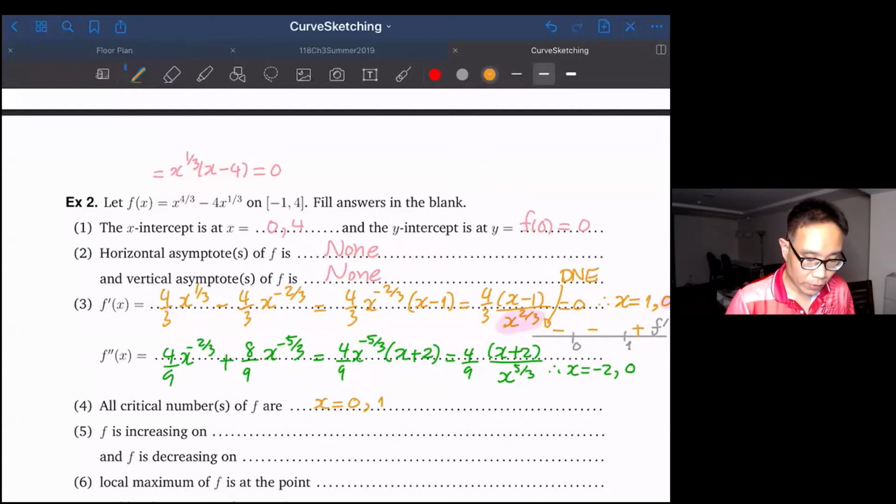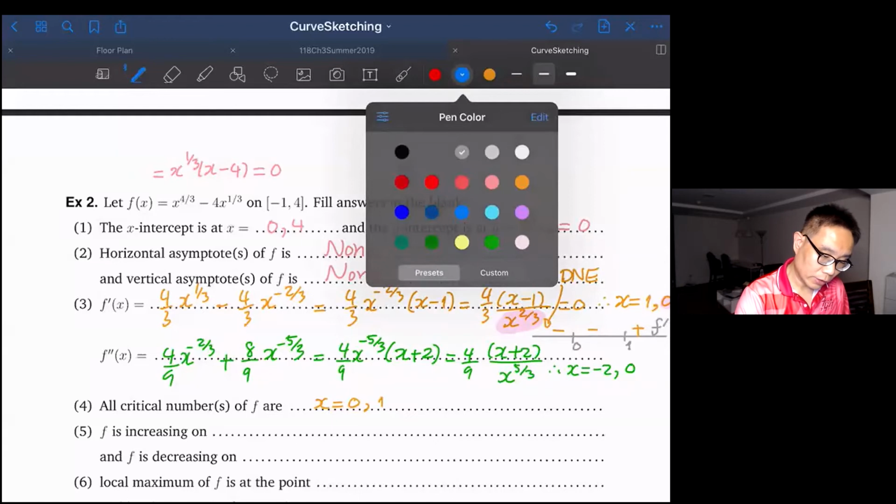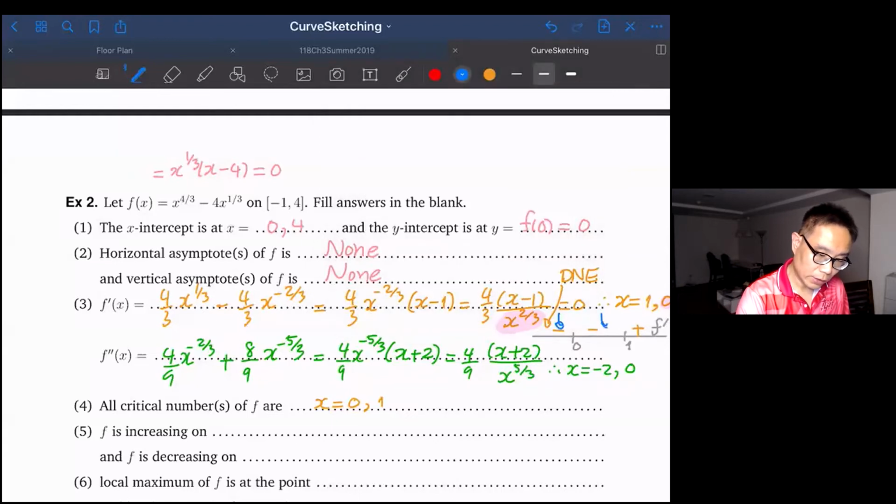On top, when x equal to negative 1, it's going to become negative 2, and on the bottom, it's going to be squared, so it's going to be positive. So it's going to be negative, negative, and positive. So you're going to get decreasing, decreasing, and increasing.